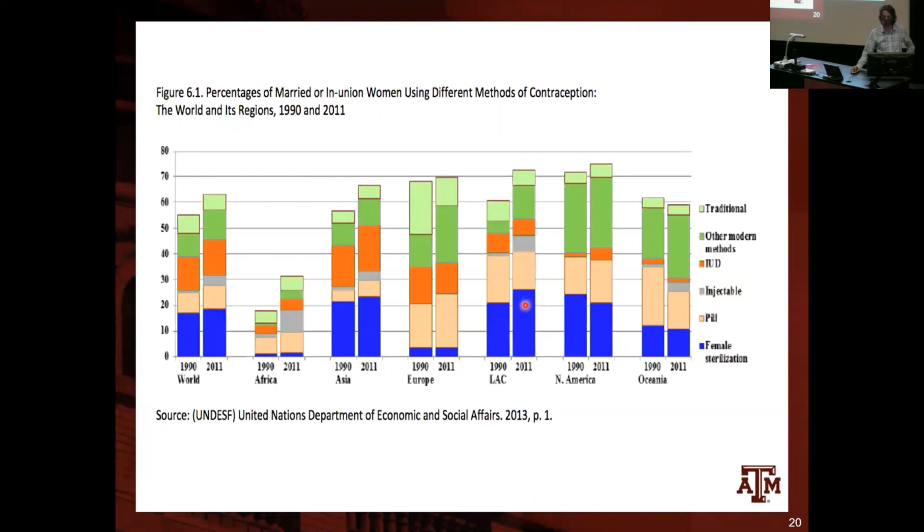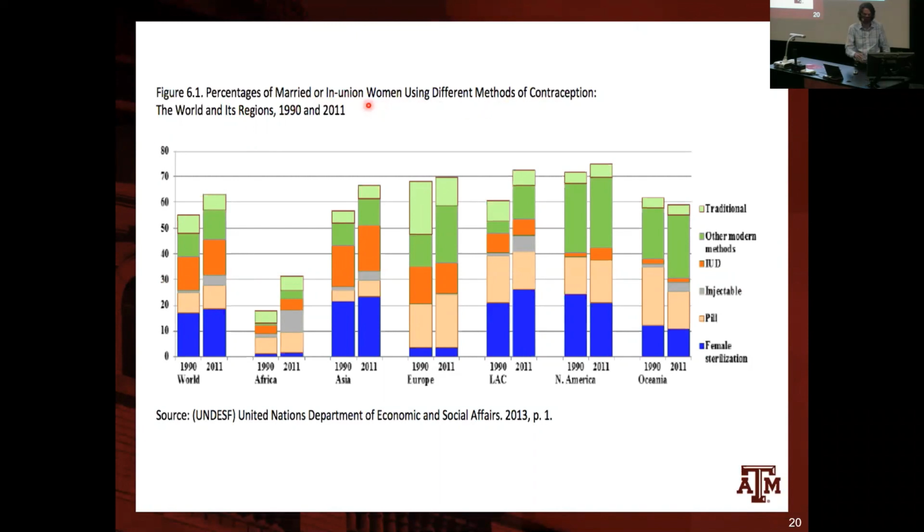Exactly because you have more concentration. In Latin America, you have more concentration around female sterilization and pills. In Asia, female sterilization and IUD. And in Africa, concentration in pills and injectables. And the overall levels are still really low, as we saw in that previous table. Only around 30% are using some kind of contraception. And this is the percentage of married or in-union women using different methods of contraception, right?